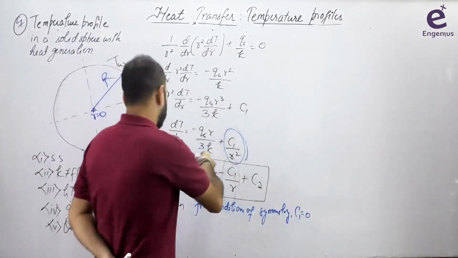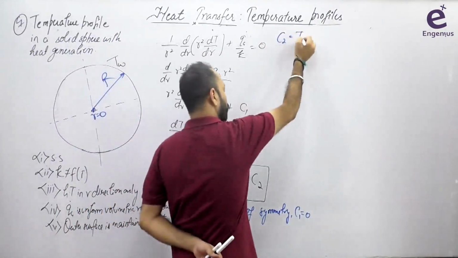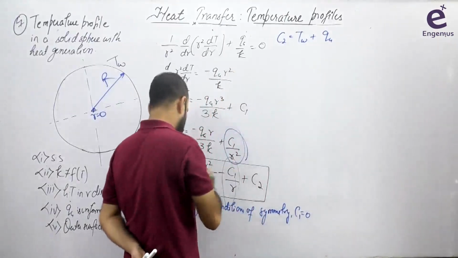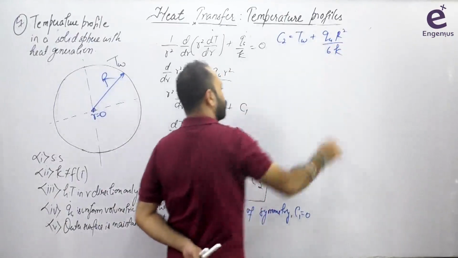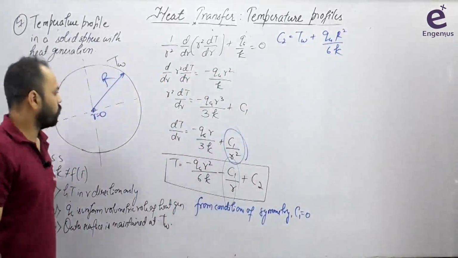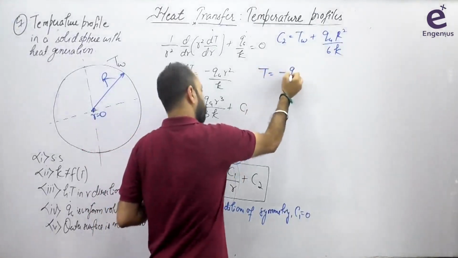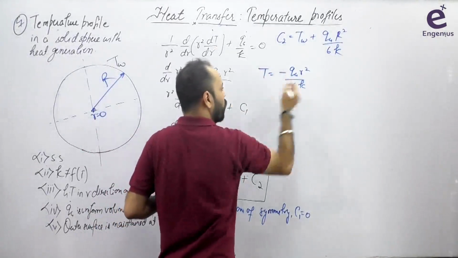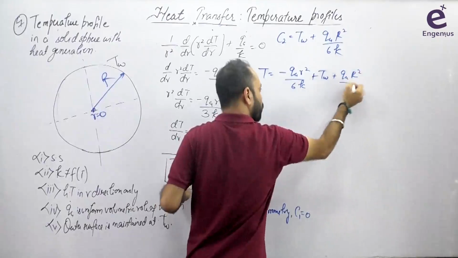What is C2? Very easily you can write C2 is equal to TW plus QG R square by 6K. So what is the temperature profile? T is equal to minus QG r square by 6K plus TW plus QG R square by 6K.